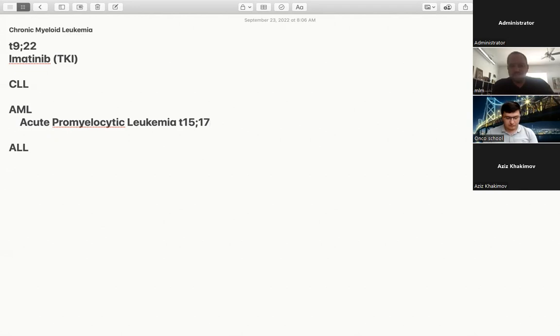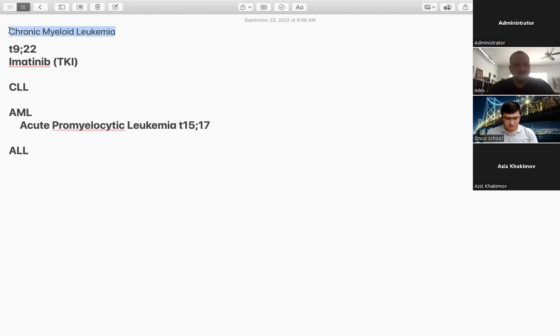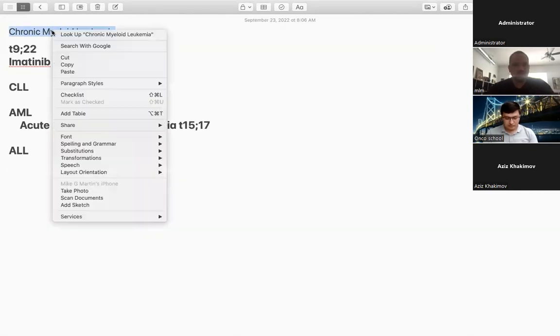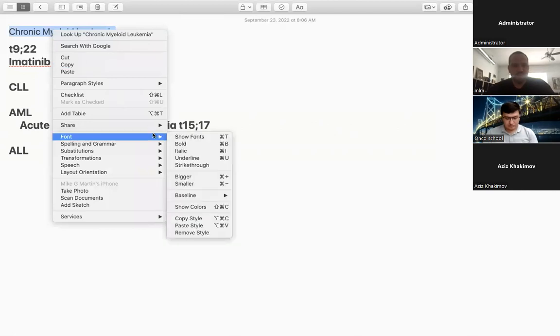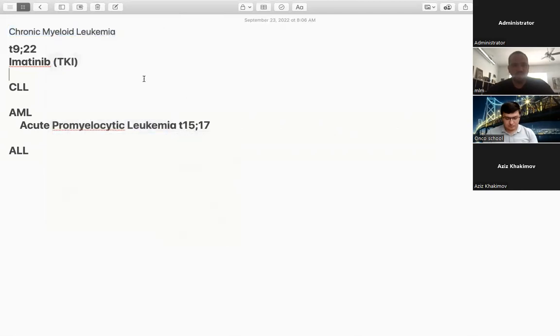The thing that's interesting though is if you take a translocation 15;17 again in a mouse model, and you put just the 15;17 into a mouse, you actually get nothing. What you get is a myeloproliferative disorder, but it is not acute promyelocytic leukemia, which is one of the things, again, that's so special for chronic myeloid leukemia, that it can be caused by just one abnormality.